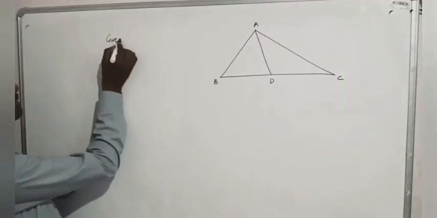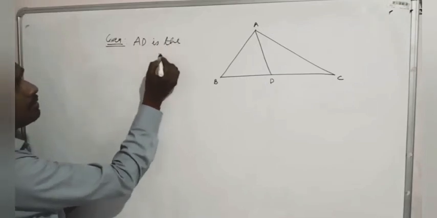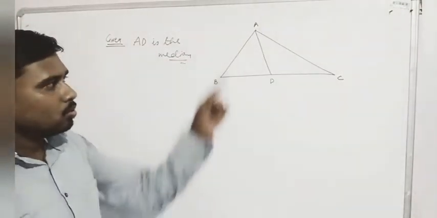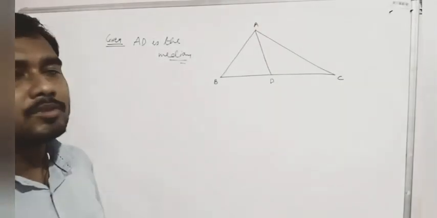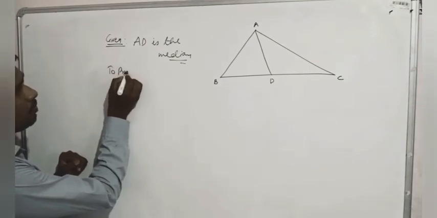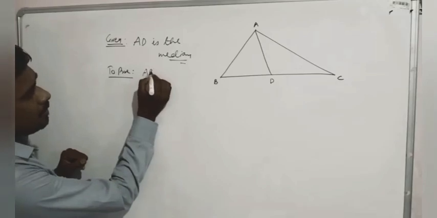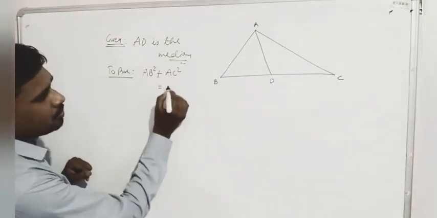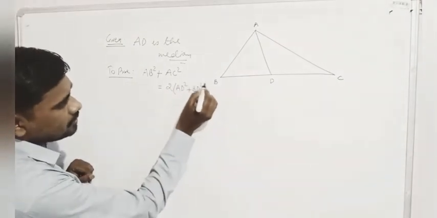The given part is that AD is the median. So we have to prove that AB square plus AC square is equal to 2 times AD square plus BD square.